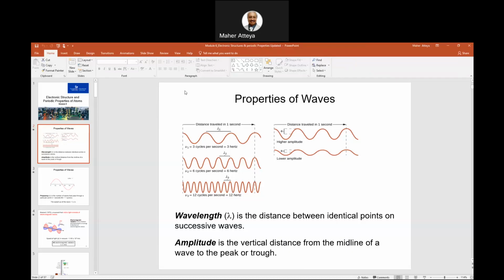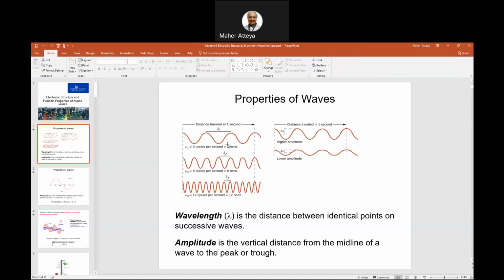I speak about the wavelength, which is from one peak to another peak. And the distance from the peak to the baseline, that's amplitude. And if this is continually repeating itself, that's frequency: how frequently the wave is repeating itself, right?